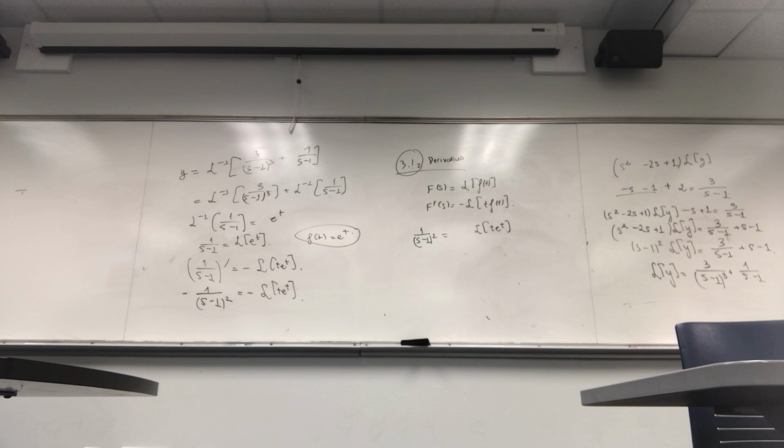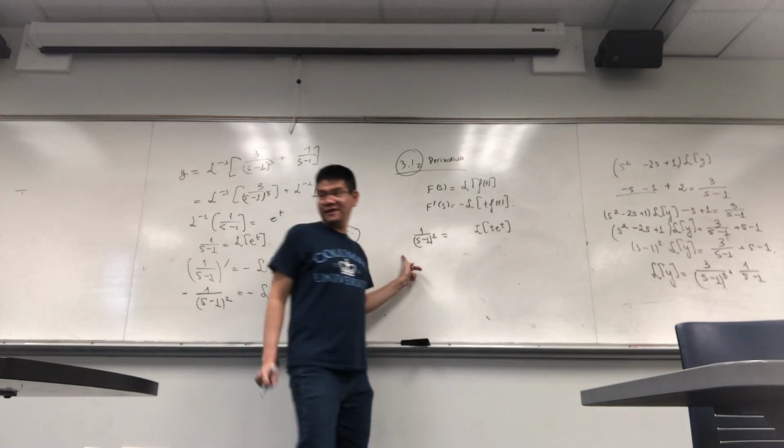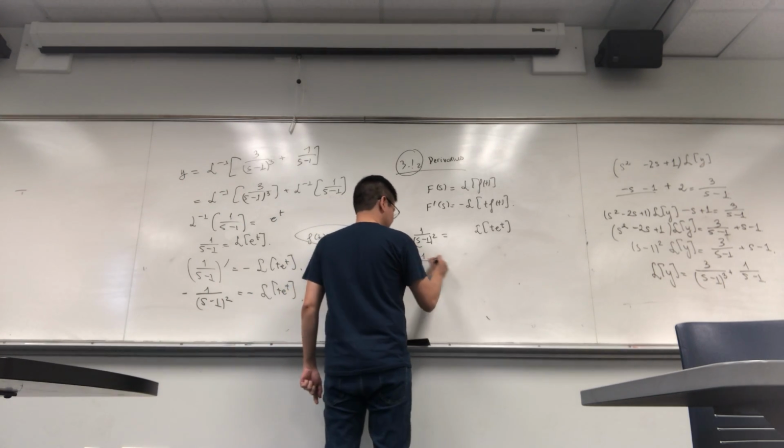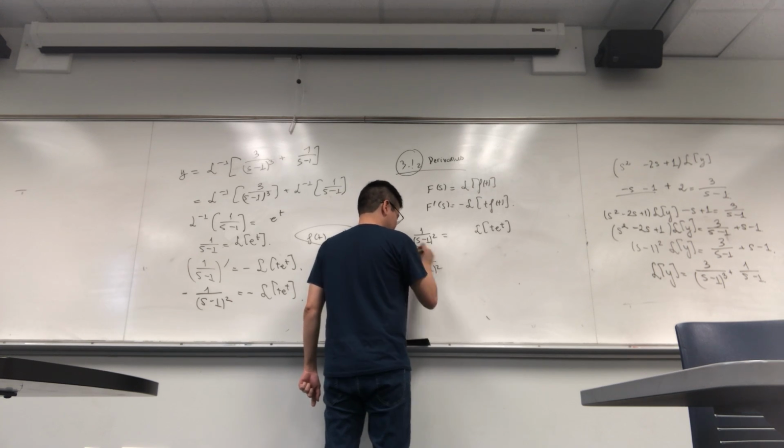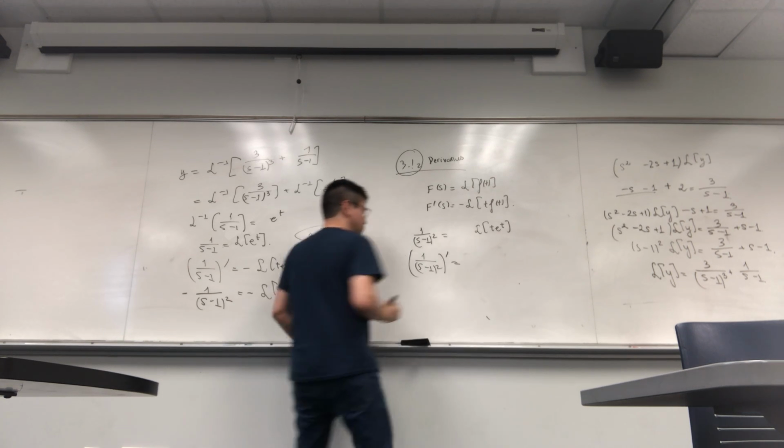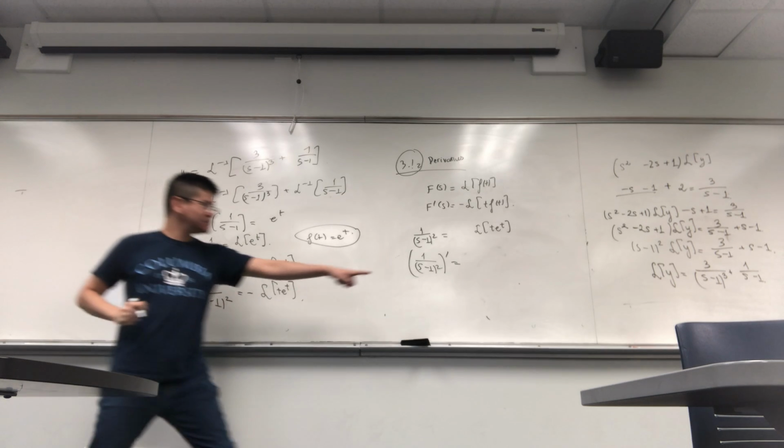But I want 1 over (s minus 1) cubed. So how do I do it? You know it already. Now I'm going to do it again. So I have the derivative of 1 over (s minus 1) squared.